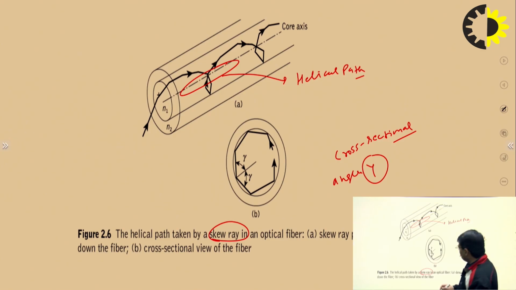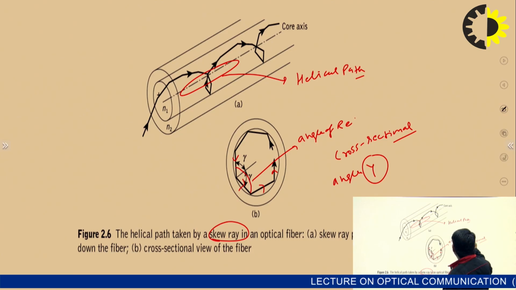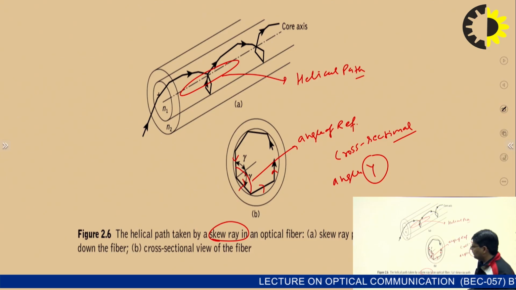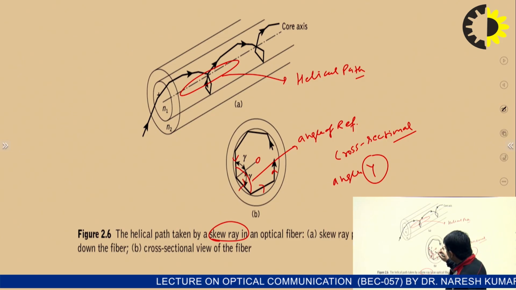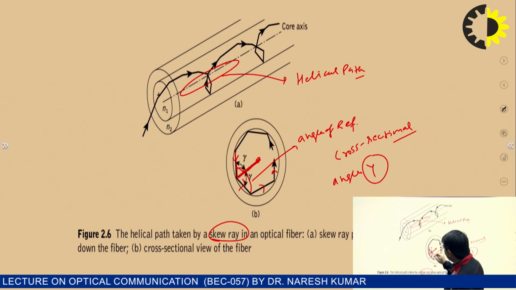So this is the cross-sectional view. This is one ray of light. These are the different rays of light. This is the angle of reflection, and this angle gamma is the angle which the axis of the fiber makes with the reflected ray.